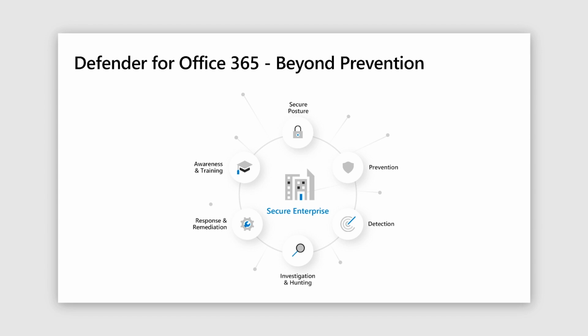The first is secure posture. So having a secure posture means having the right controls in place to secure your organization and not bypassing our filters. We've developed several features this year to let you do that more easily. The first one is secure baselines. All you have to do is choose whether you want to have your users in a standard baseline or a strict baseline, and we take care of the rest.